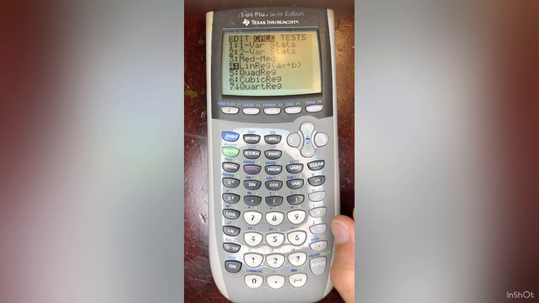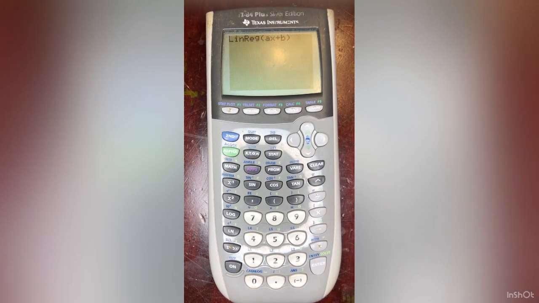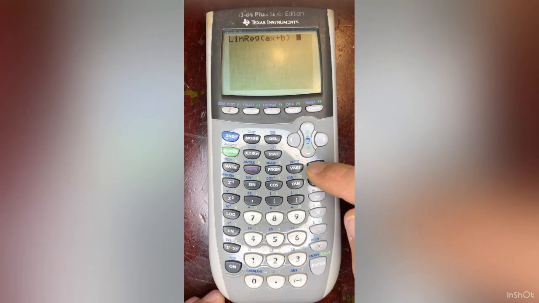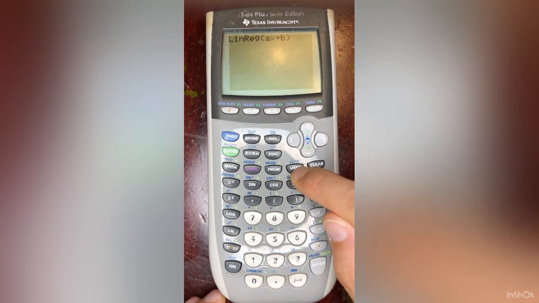So the regression line, or y equals mx plus b. They wrote y equals ax plus b, so it's the same exact thing. Right, so if I click enter here, let it sit for a second, and now actually click this vars button, which is short for variables. We're going to put this into our y1, and we're going to graph it.